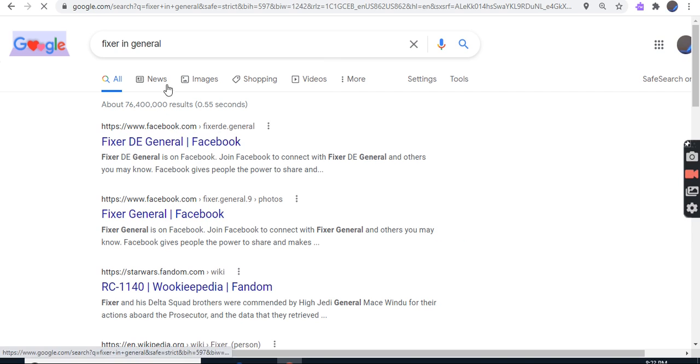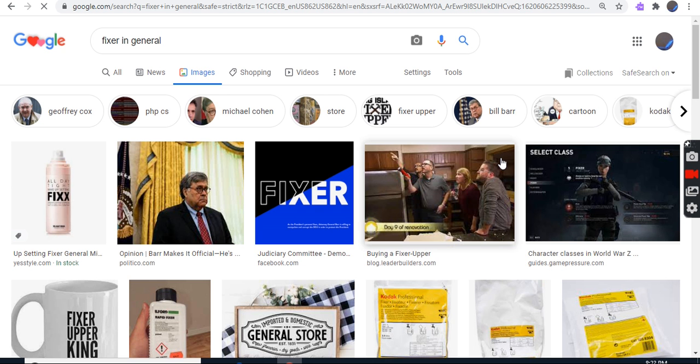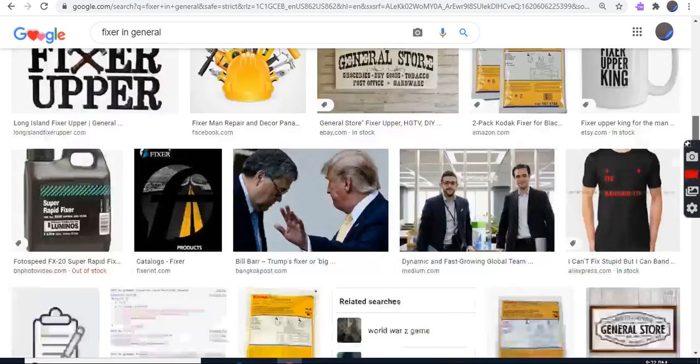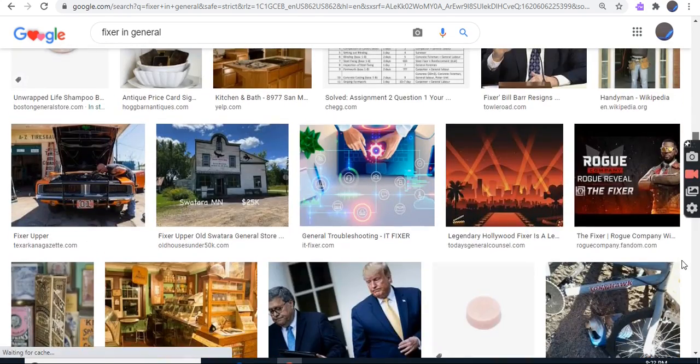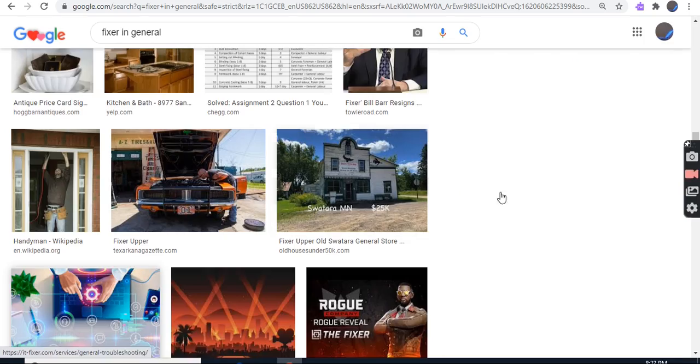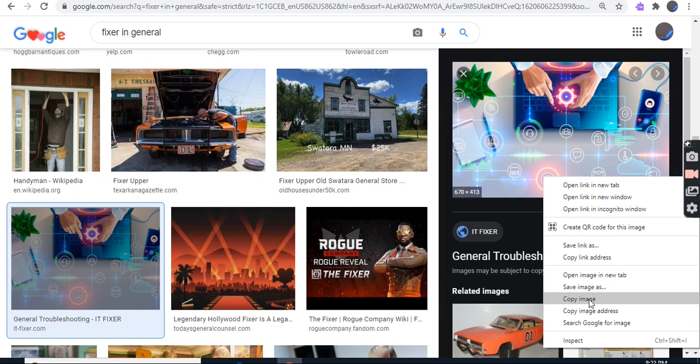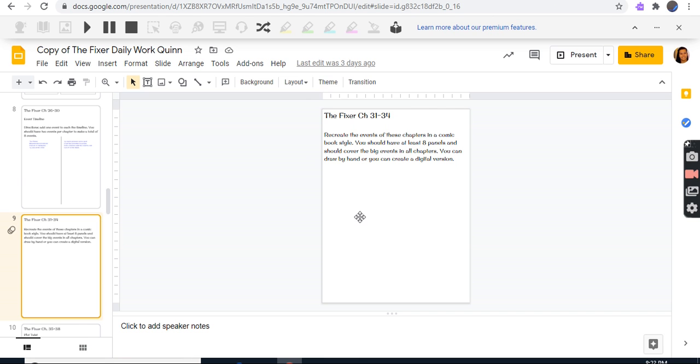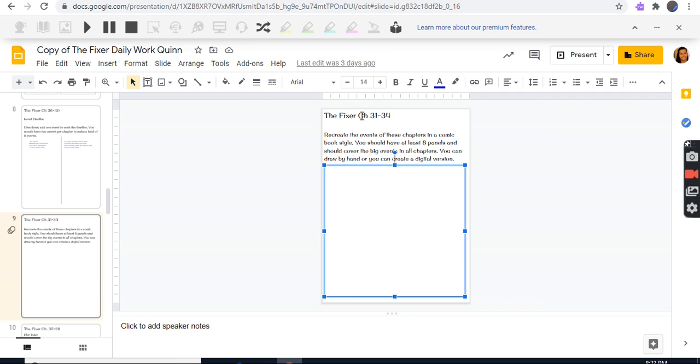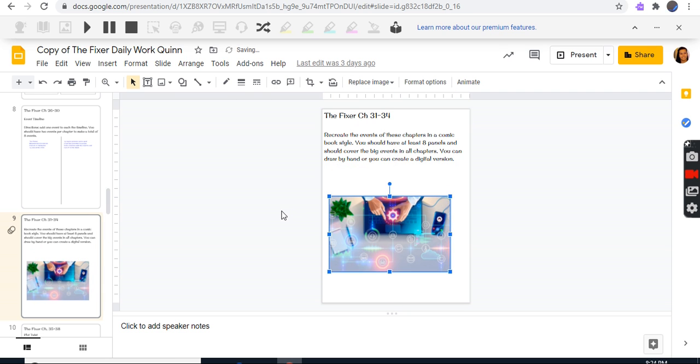I'm just going to do a fixer in general. I'm just going to say it's general troubleshooting, because that's where the fixer is generally located.